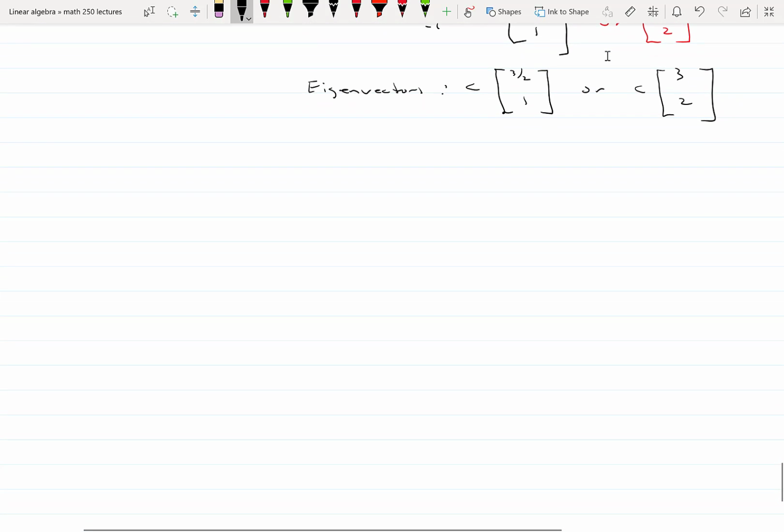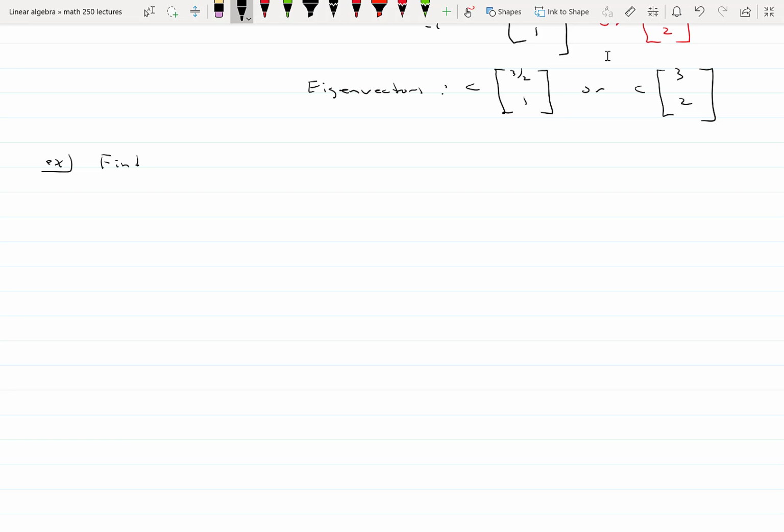Okay, let's do this for a more complicated case. Let's take a look at a case where we're trying to find the eigenvalues and, let's say, bases for the eigenspaces for a larger matrix.